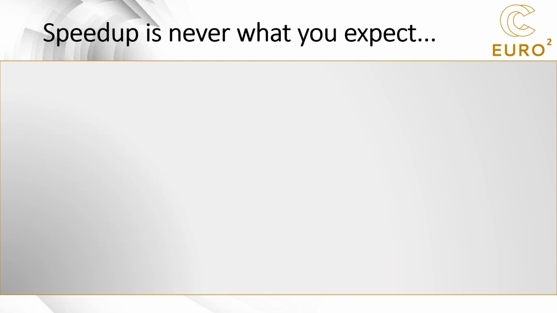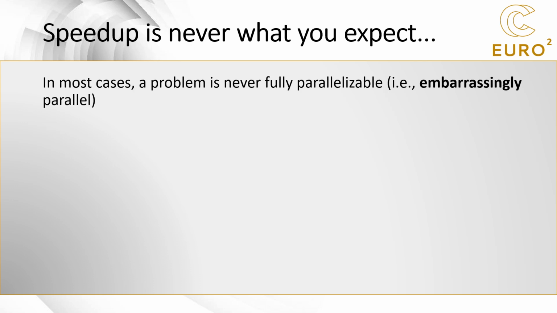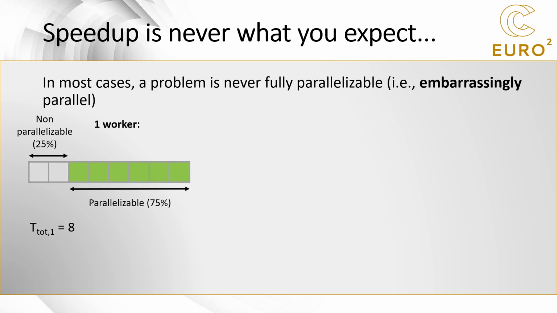When running a program in parallel, the parts that cannot be parallelized, for example reading an input file, limit the speedup. Jobs that can be totally parallelized are called embarrassingly parallel, but in general, it is not the case. Imagine a job that takes 8 hours to complete.